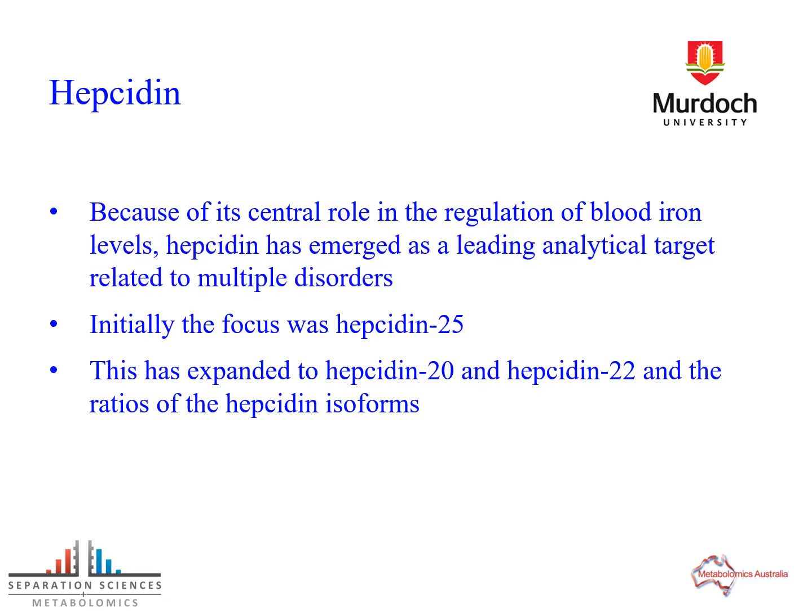Hepcidin 25 was the initial target, but this expanded to measuring hepcidin 20 and 22, and later work looked at the ratios of hepcidin 20 and hepcidin 22 to hepcidin 25 to evaluate correlation with disease progression or diagnosis, so these ratios have been considered as potential diagnostic tools.